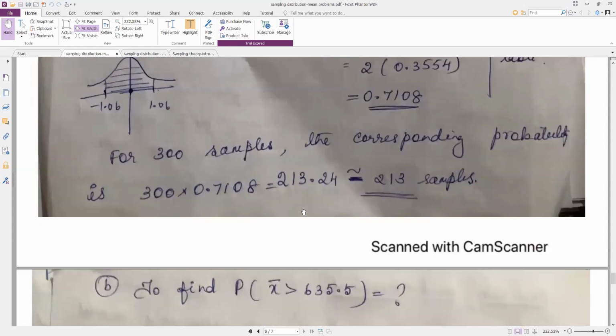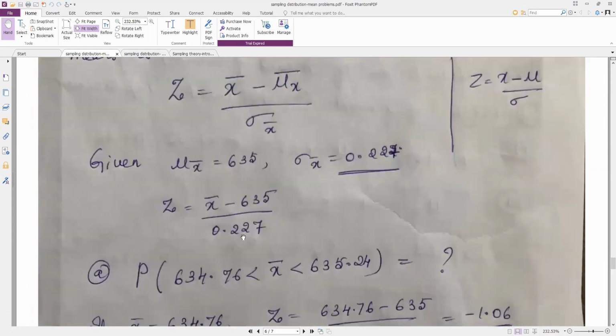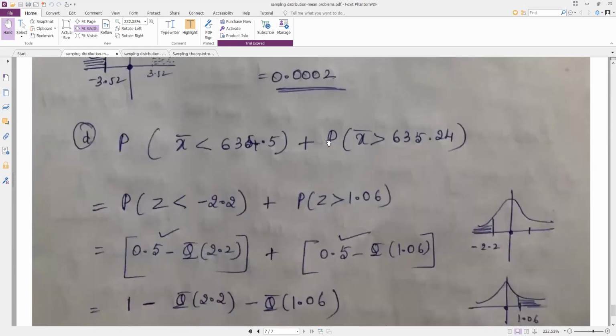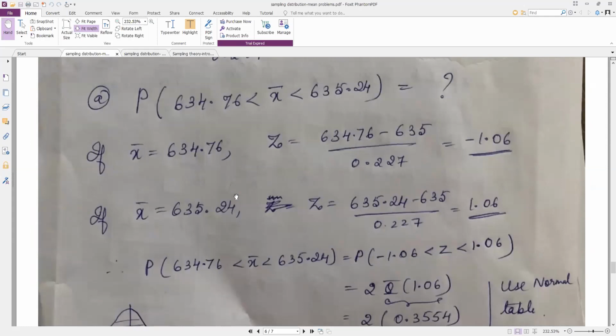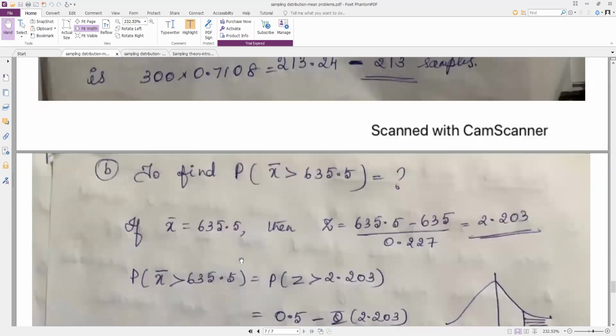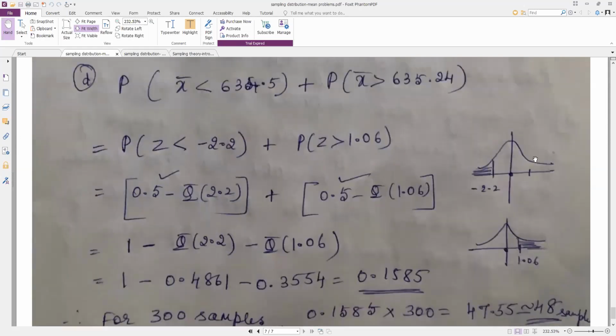Now the last one was less than 634.5 grams or more than this. Whenever it is given as or, you need to put plus. Same thing: convert x bar in terms of Z. Put 634.5 in the standard normal variate, you will get Z less than minus 2.2.